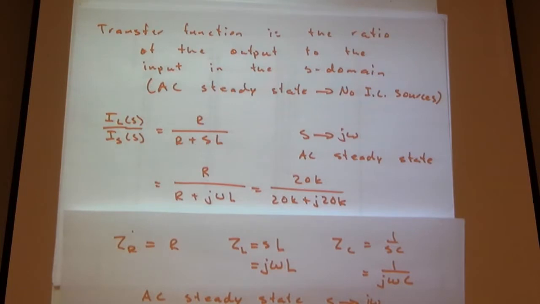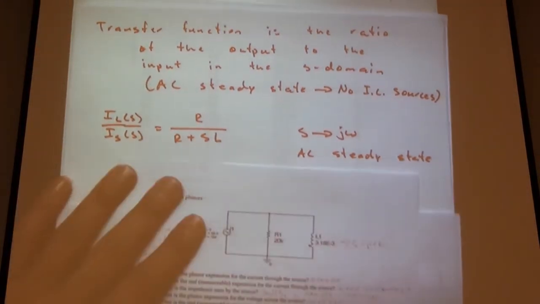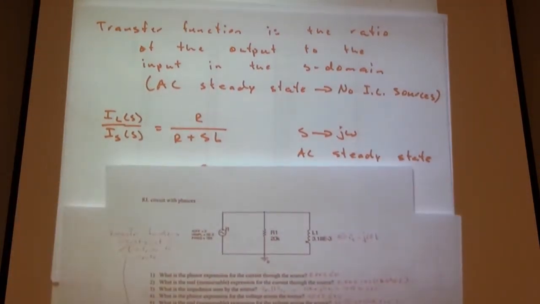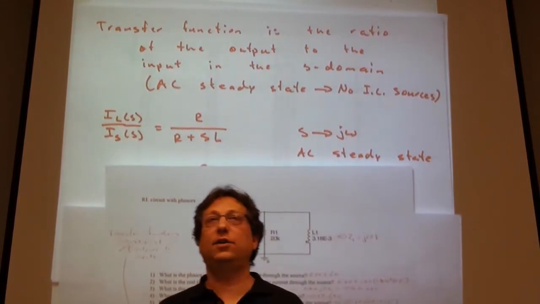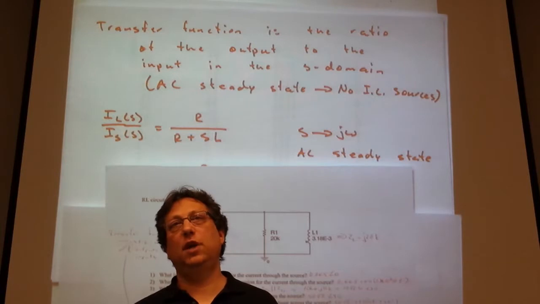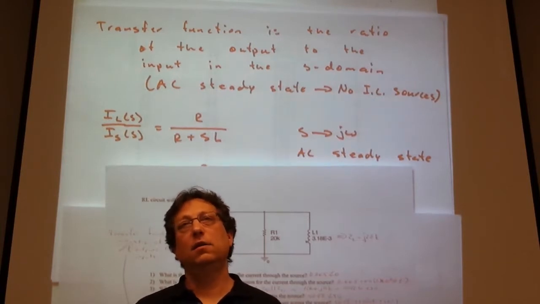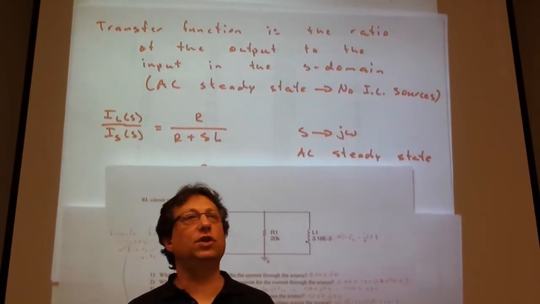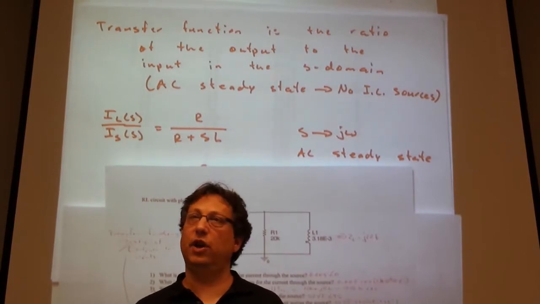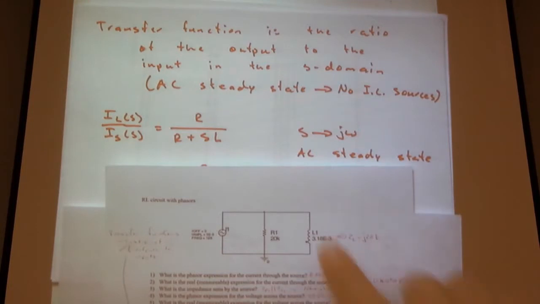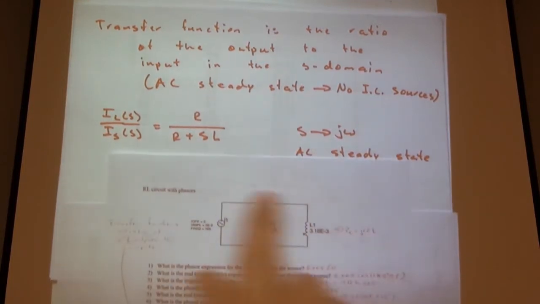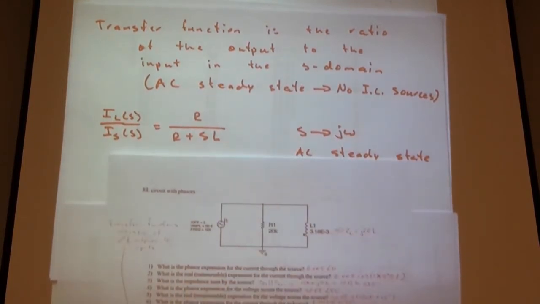Well, looking at our circuit here for a second, as frequency goes to 0, just by inspection, what's the current through the inductor? This we should be able to just look at and say. It's the source current. The inductor is a short circuit. Current follows the path of least resistance. If this is a short, well, all the current's going to go through the short. None are going to go through the resistor.